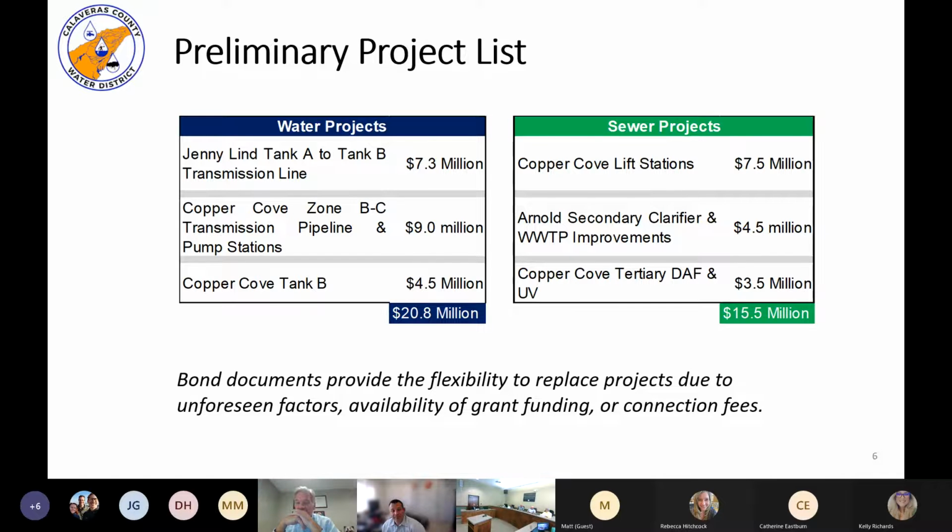Michael or John, on some of these projects, and I'm looking at the Copper Cove tank, can they be constructed in phases? For example, we don't have quite enough money to do all the pipeline replacement plan when we do the tank.